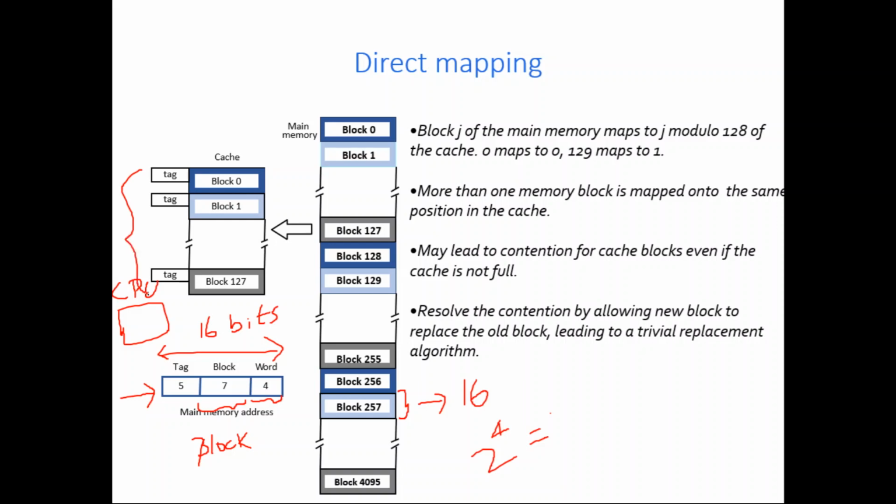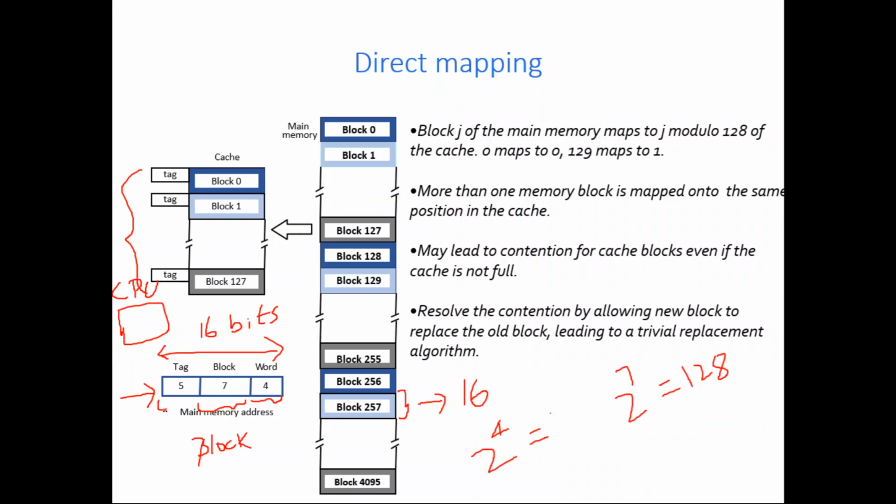We have 128 blocks. To address these 128 blocks, we need 7 bits, since 2 power 7 is 128. So this will refer to the respective block number, whether it is block 0, block 1, block 2 or block 3, up to the last block. Is it clear?